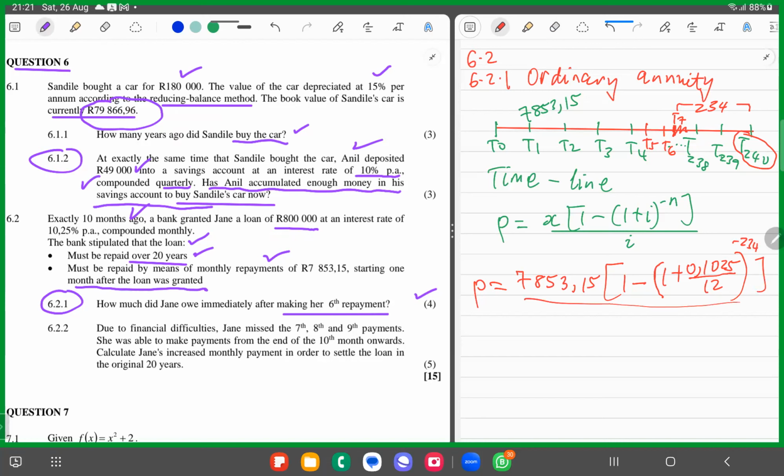Divide everything by 0.1025, you divide by 12. What is the present value? Use a calculator. So using the calculator tells us that you'd have 793,749.25.